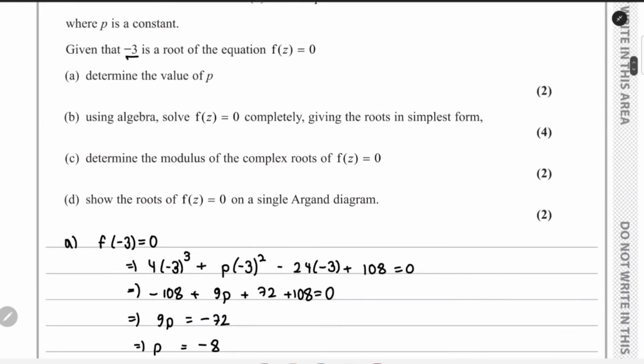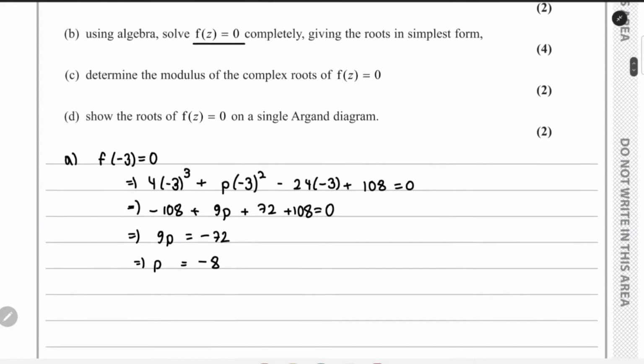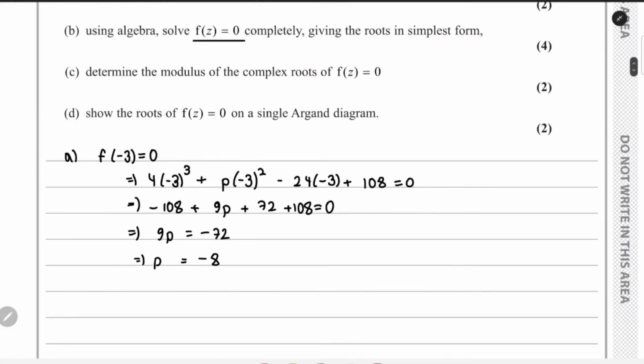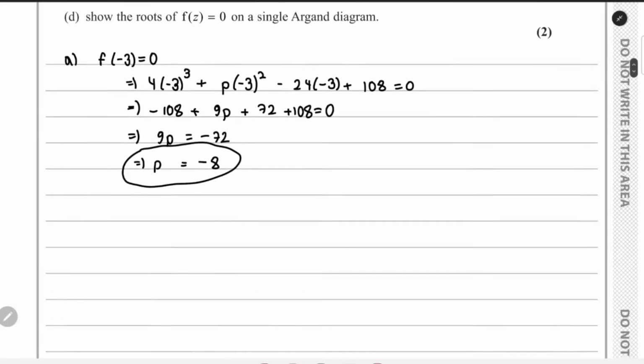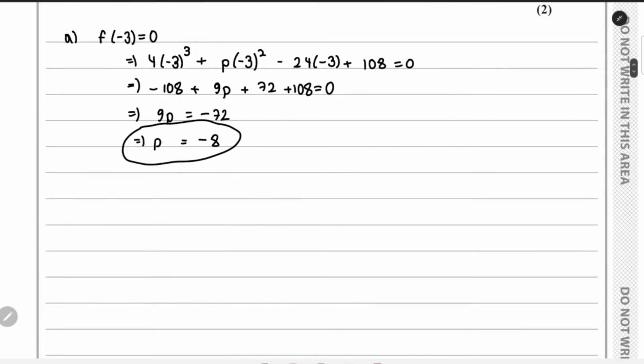Now for part B, we have to solve f of z completely. So I'll just have to use this value with this, and the fact that z equals to minus 3 is a root of f of z.